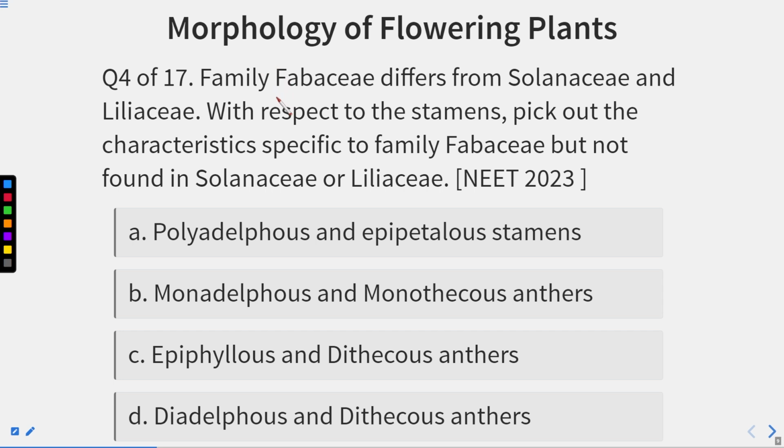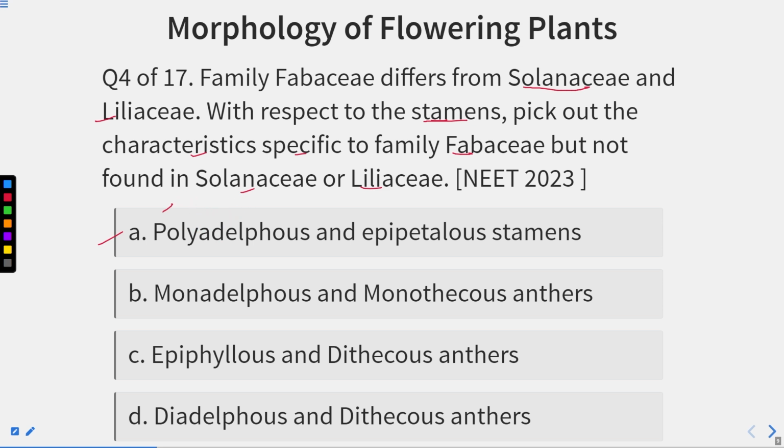Now they're saying family Fabaceae differs from Solanaceae and Liliaceae with respect to stamens. Pick out the characteristic specific to the family Fabaceae but not found in Solanaceae or Liliaceae. So these are the options: polyadelphous and epipetalous. What do you mean by polyadelphous?